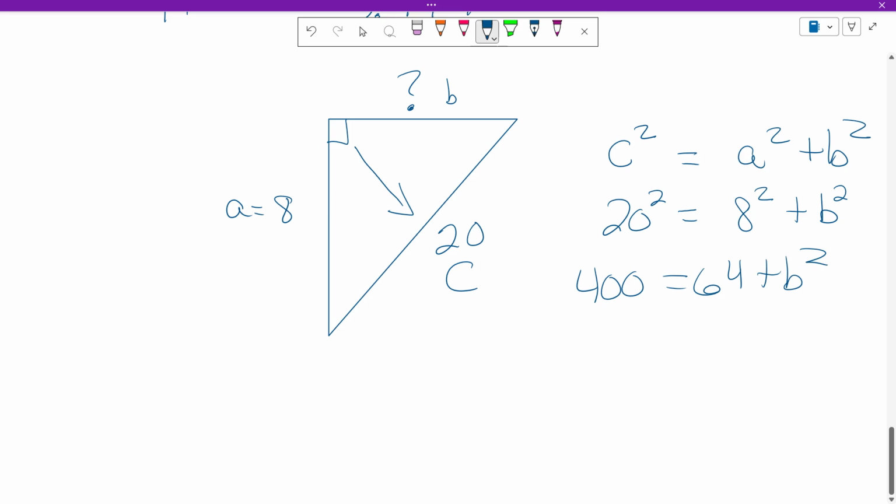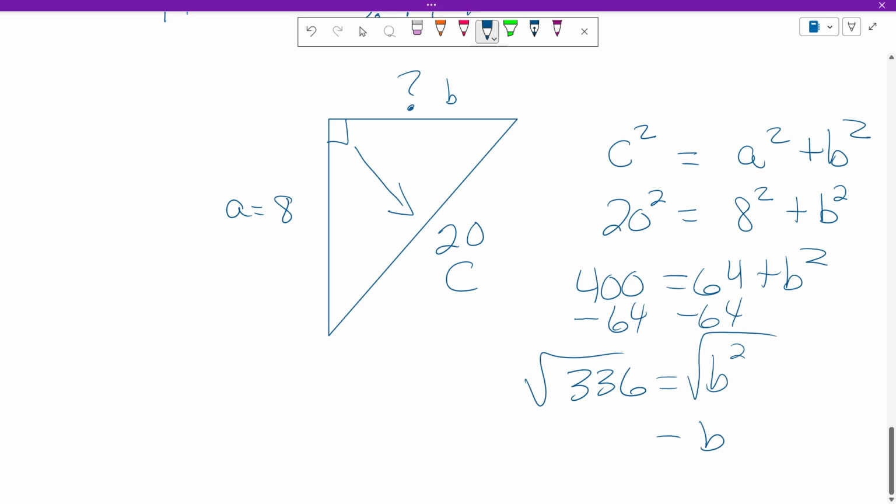Not yet. We have to have the variable alone before we take the square roots. 400 minus 64. 336 is B squared. And David is going to once again say that it is irrational.